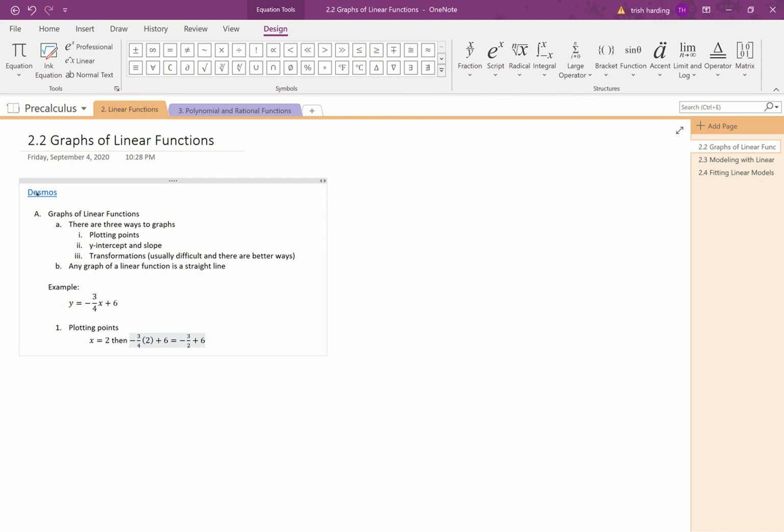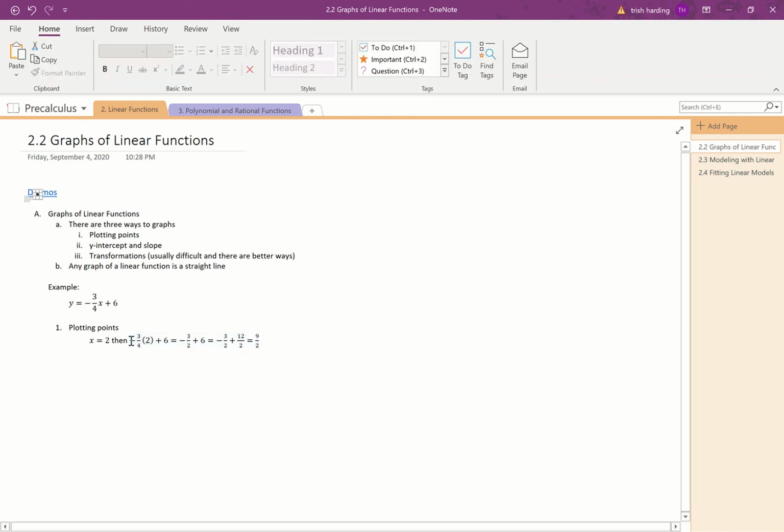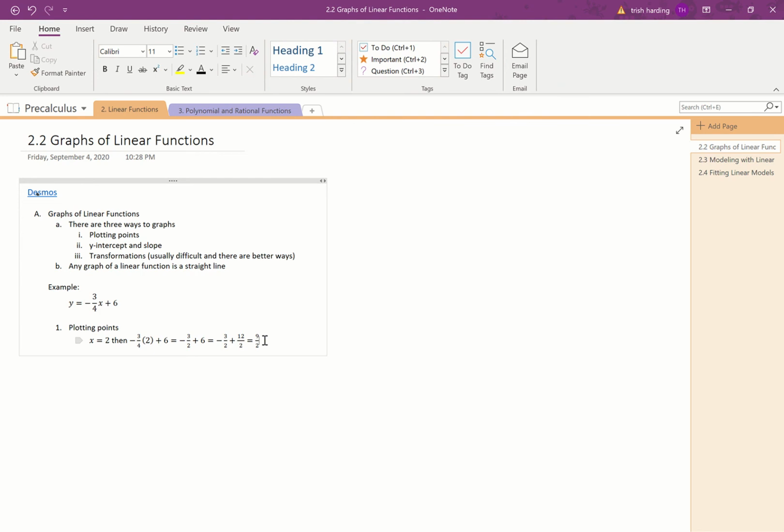Now in order to combine this into one thing, I have to make the 6 a fraction with 2 on the bottom. So 6 times 2 is 12, and I would get 12 divided by 2. That's going to give me 9 divided by 2. And what that means is we're going to have the point 2, 9 divided by 2 on our graph.